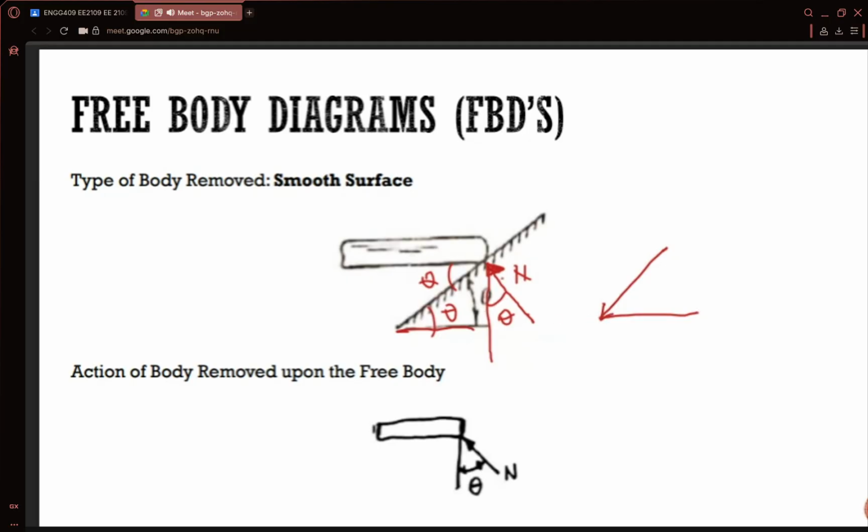This is your N. I rotate it this way such that this vertical will become the horizontal, so this normal force became this one. As you can see, the angle is still theta. But we seldom do this rotation. Usually, we just leave it like this for the free body diagram, so we just take note of the angle.